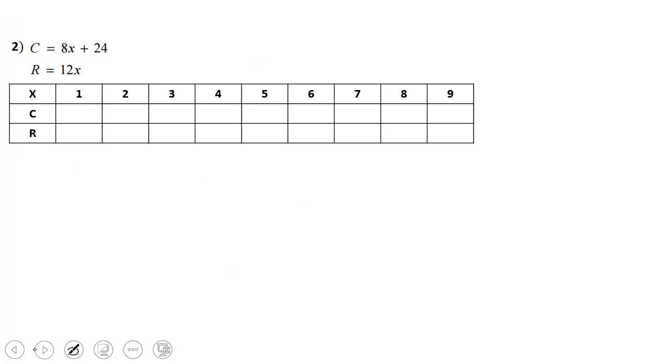Let's do another one. Cost is equal to 8x plus 24. Revenue is 12x. So when we do the cost, 8 times 1 plus 24 is 32. 8 times 2 plus 24 is 40. 8 times 3 plus 24 is 48, and so on: 56, 64, 72, 80, 88, 96.